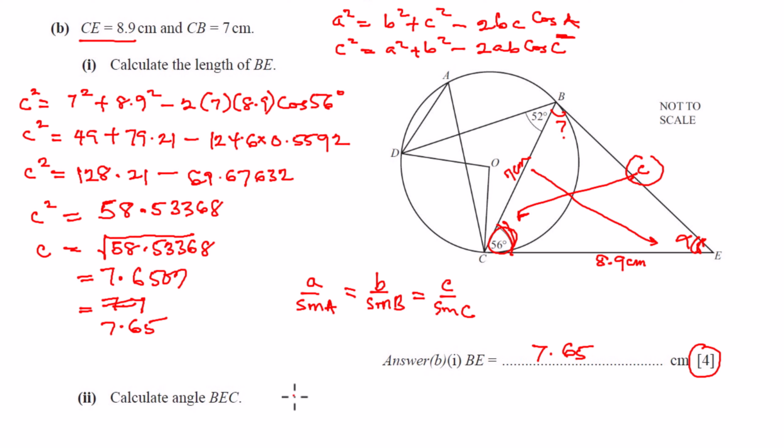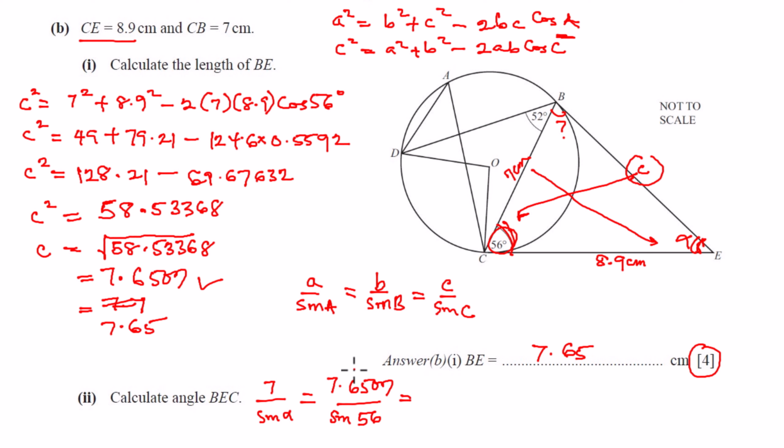Let's just go ahead and substitute that. I'll have 7 over sine alpha is equal to C. The value we got for C is 7.6507, the full raw value. So you have 7.6507 over sine 56.